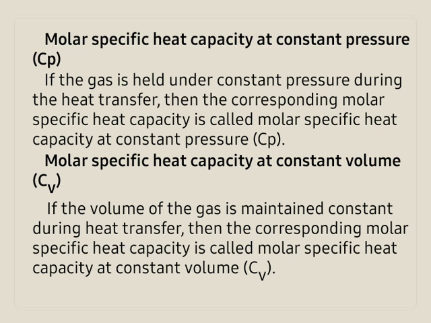It is denoted by Cp. And if the volume of a gas is maintained constant during heat transfer, then the corresponding molar specific heat capacity is called molar specific heat capacity at constant volume. It is denoted by Cv.